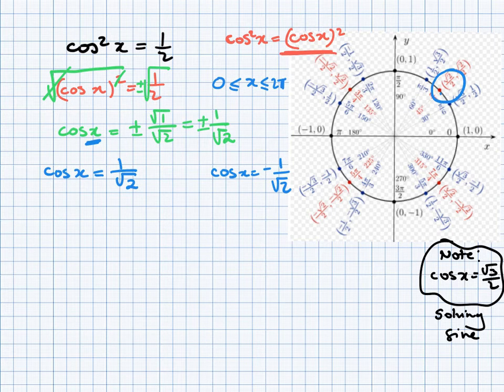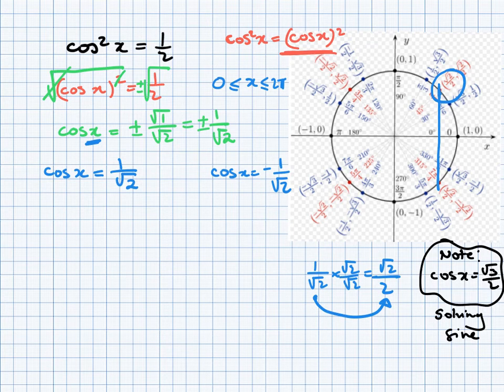What is happening here is 1 over square root of 2 times square root of 2 over square root of 2, so we are getting rid of the square root in the denominator, and we do end up with this expression. So pretty much this here is the same as that one there, which is what we have here, pi over 4 and 7 pi over 4.